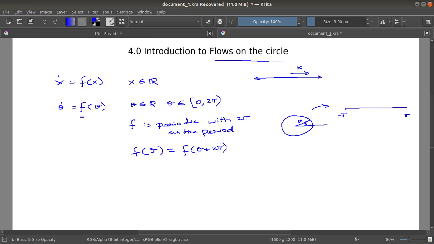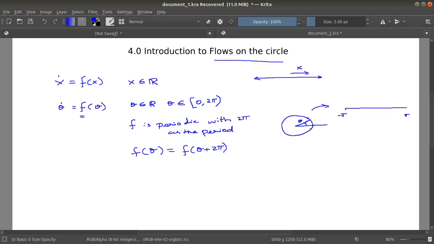Before the example, I will also mention why this system is periodic. Once it starts from somewhere, goes and changes its state variable because of the dynamics, and comes back, you could call that either 2 pi or 0.